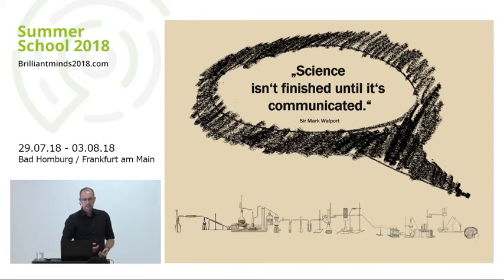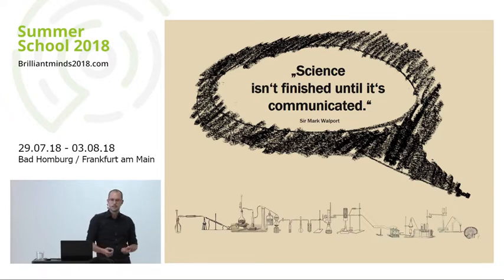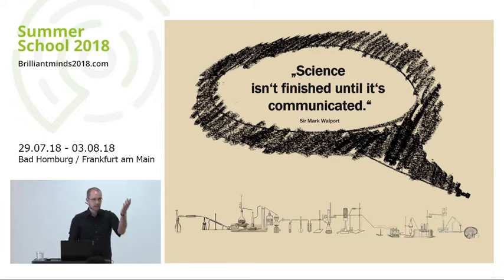The traditional way of communicating science is, first of all, communication between scientists: in a journal article or in books, or what we do here at events and conferences, giving talks and presenting posters. You have to communicate what you're doing, so it's an integral part of the scientific work.